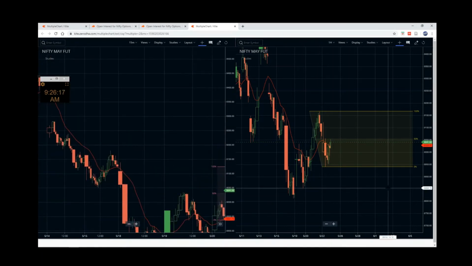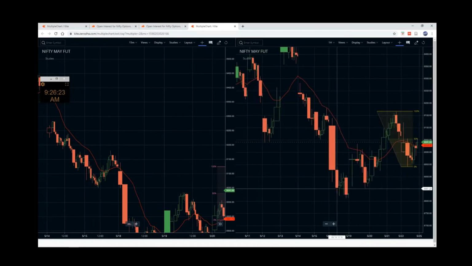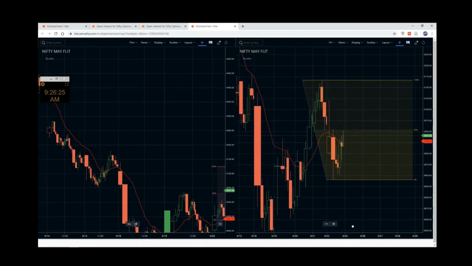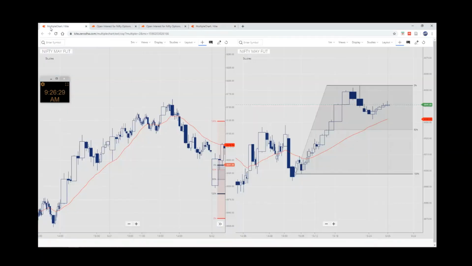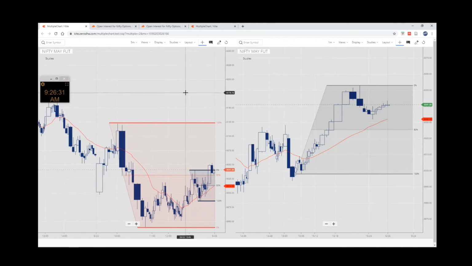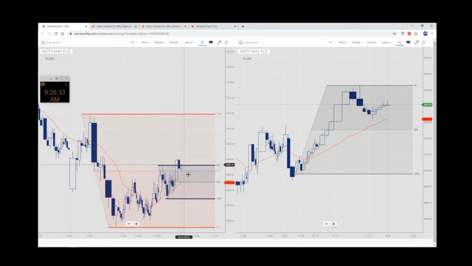In a similar way, we also see the 1-hour time frame. So I use the higher time frame when the price starts going out of the 5-minute time frame for my analysis purpose, and also sometimes to know the targets.